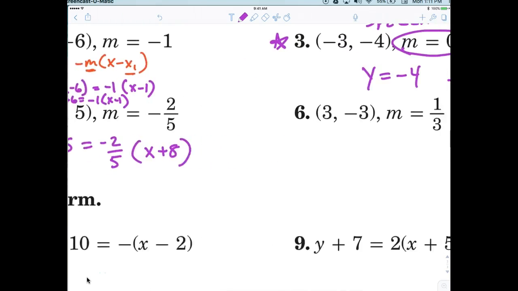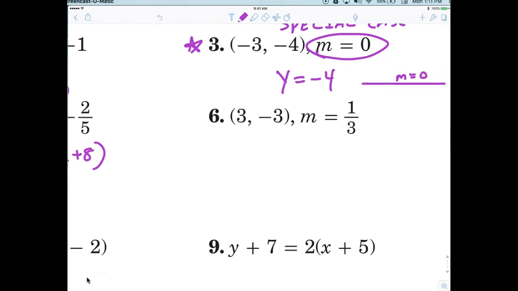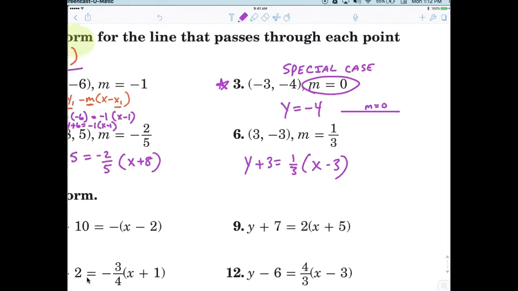Beautiful. All right. Number 6. Tyler, go ahead. y plus 3 equals 1/3 parentheses x minus. I told you guys. Does everybody agree? Simple, simple, simple.